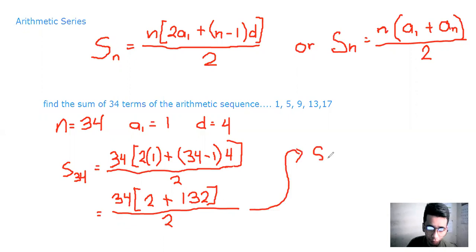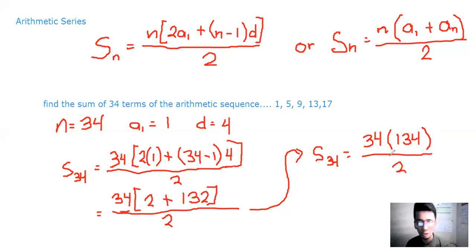S sub 34 is equals to, unahin natin yung nasa groupings lagi. 34. Then multiply 2 plus 132, that is 134. Then over 2. So 34 times 134.